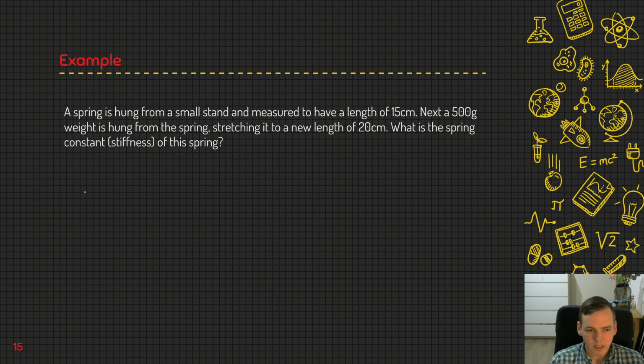Well, what we know is when we're hanging that weight, it has a downward force of F_g equals mg. If it's just hanging there, then that means it also has an upward force that's equal. But we know that that upward force is the spring force, which should equal negative k delta x. And we know that F_s plus F_g has to equal 0, so therefore F_s equals negative F_g.